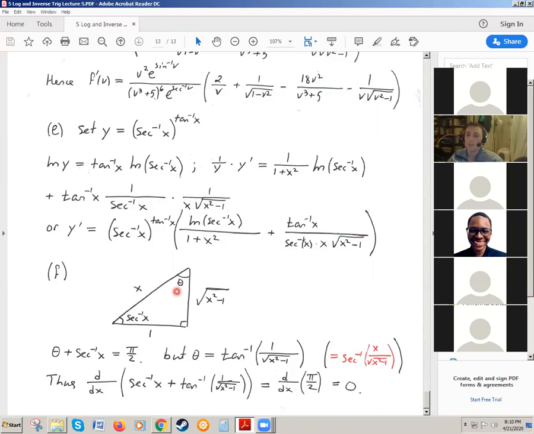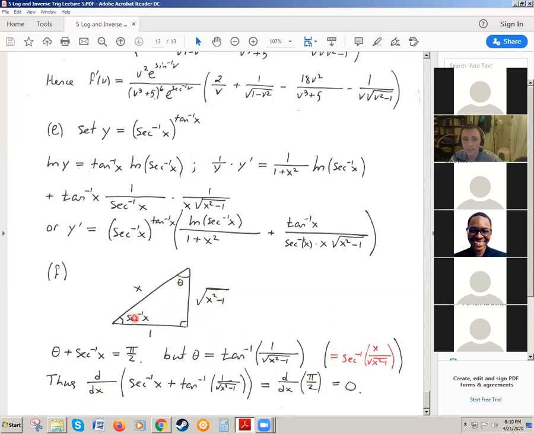Melissa corrected it. Exactly, so it's inverse sine of 1 over x. And as inverse tangent, it is 1 divided by root of x squared minus 1. So in other words, theta can be written as inverse tangent of 1 over root x squared minus 1.